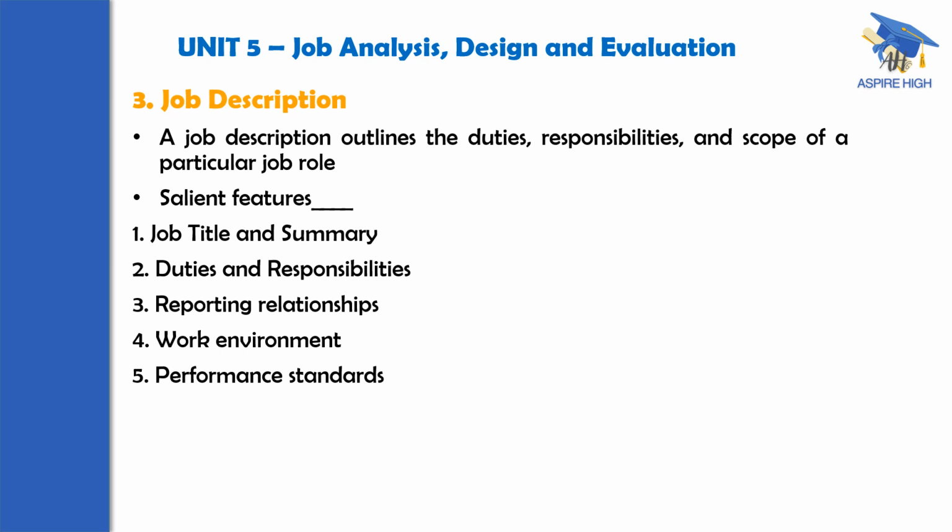Performance standards are very much important. Nowadays, there are two terminologies. One is key performance indicators. In certain organizations, particularly the banking and insurance industries, it is called KRAs, key responsibility areas. Both are the same: key performance indicators or KPIs, or KRAs.